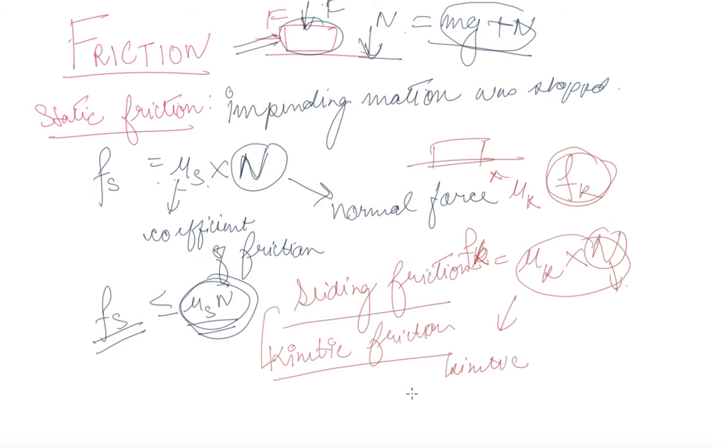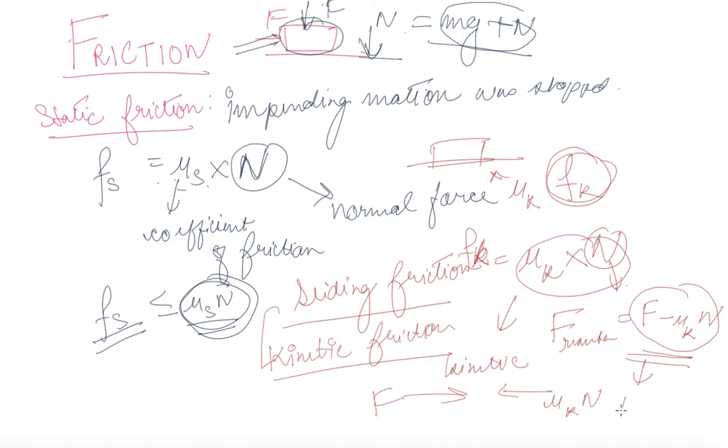When the body starts moving, say you are applying a force of F and this is opposed by mu k into N. So the resultant force is F minus mu k into N. The acceleration will depend upon this resultant force. So this is how we can understand static friction and sliding or kinetic friction.